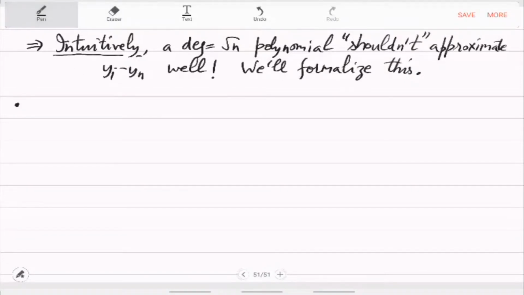A degree root n polynomial shouldn't approximate y1 to yn well, right? So the way we will formalize, we'll get to this, is we'll use this low degree approximator G to convert more general polynomials and reduce their degree.